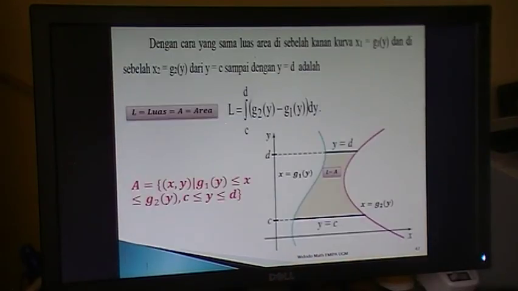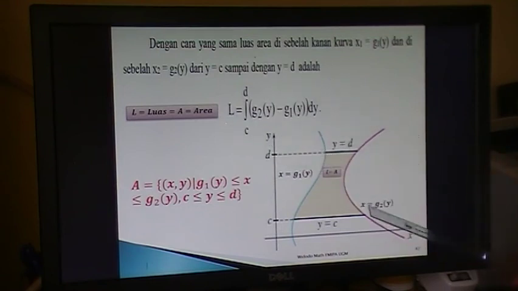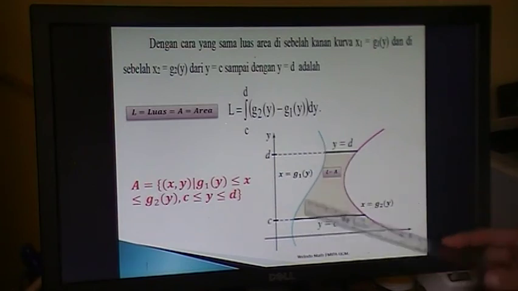So in general, if you want to take the formula, in general, the area between two functions in the variable y, for instance, g2 is the function on the right side, and g1y is the function on the left side.